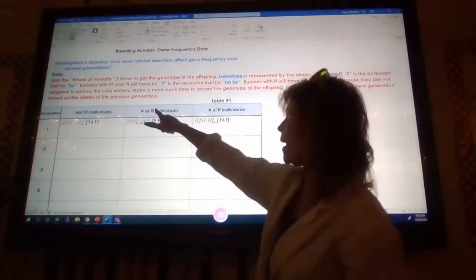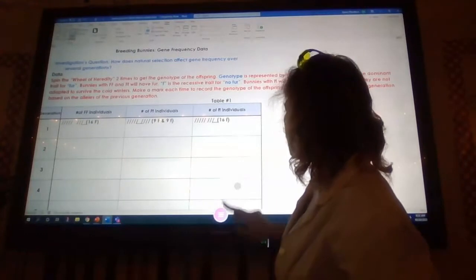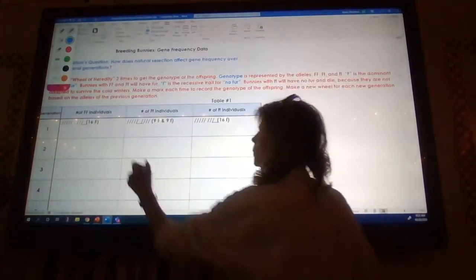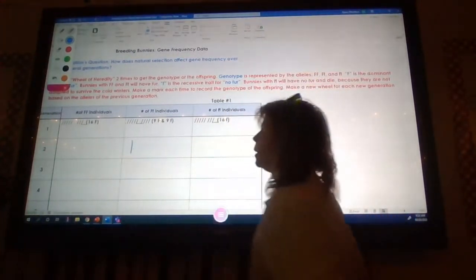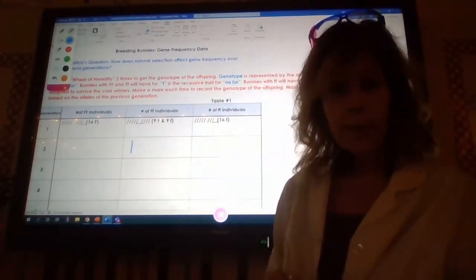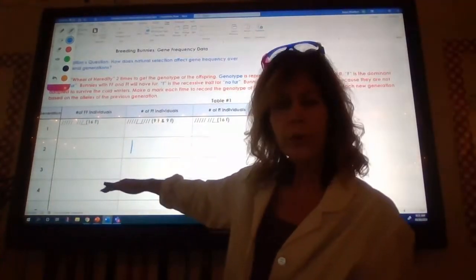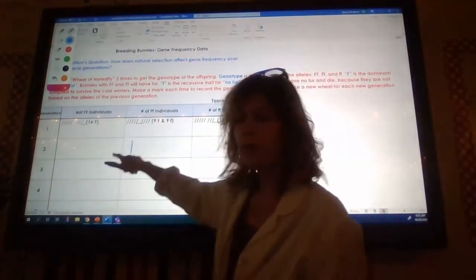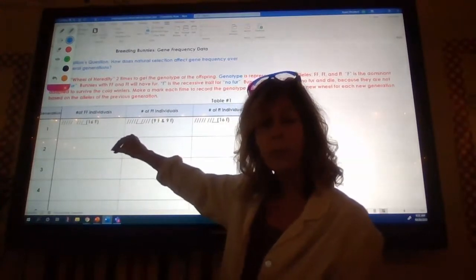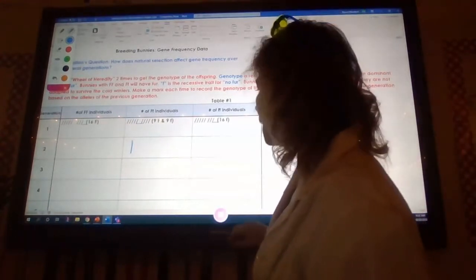Okay, so I had in my second generation, my first bunny born was heterozygous, had the dominant and recessive trait. So when you do the future generations, you base it on your data from the generation before about what will be passed down.